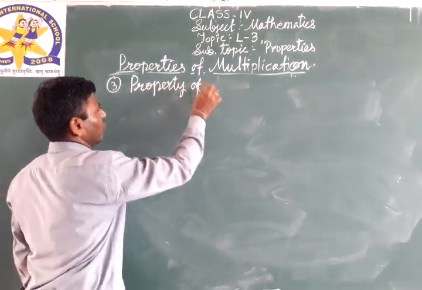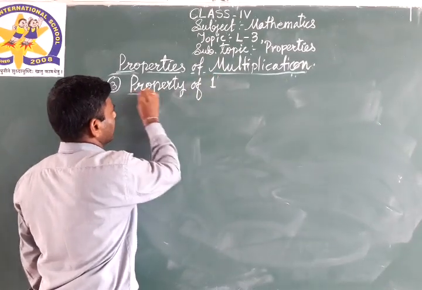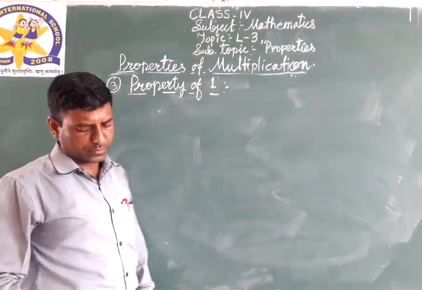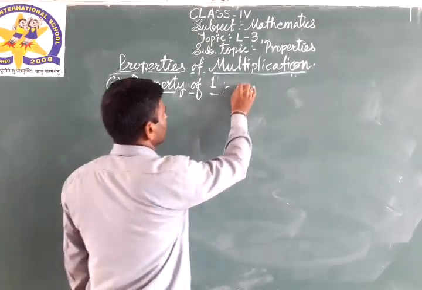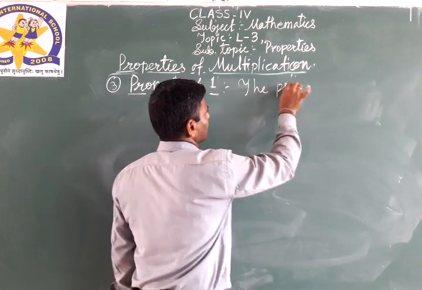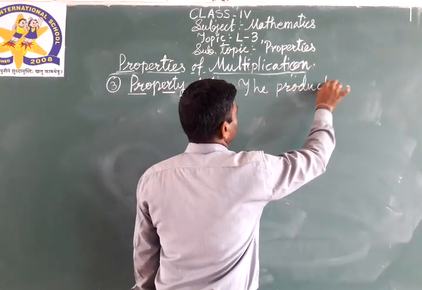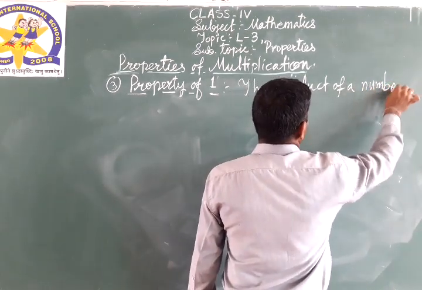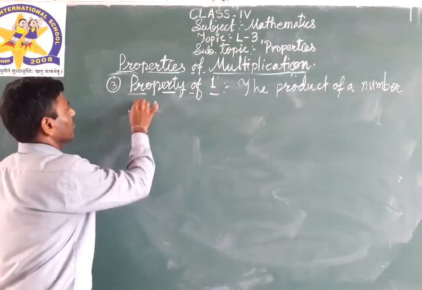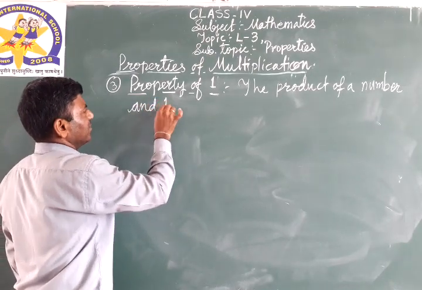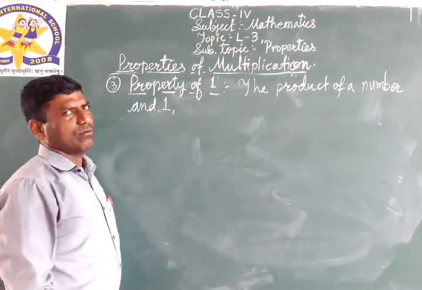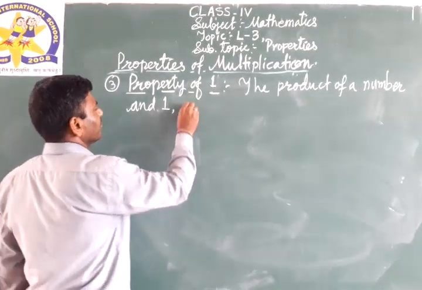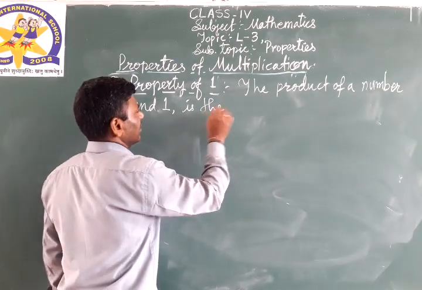Property of 1. Now what is the property of 1? The product of a number and 1 is the number itself.